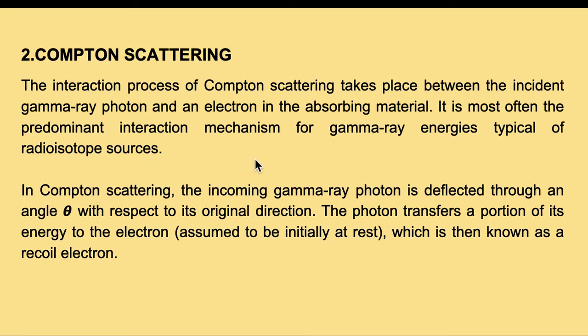In Compton scattering, the incoming gamma ray photon is deflected through an angle theta with respect to the original direction. The photon transfers a portion of its energy to the electron, which is assumed to be initially at rest, and which is then known as a recoil electron.